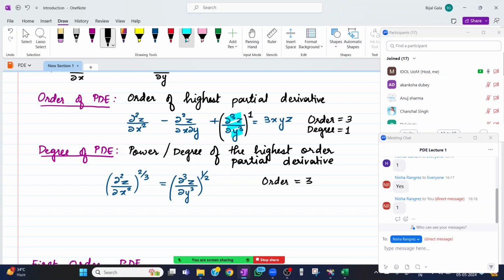The order is the highest derivative present. So the highest partial derivative present is of order 3. So the order is 3. How do you calculate the degree? How do we calculate the degree?